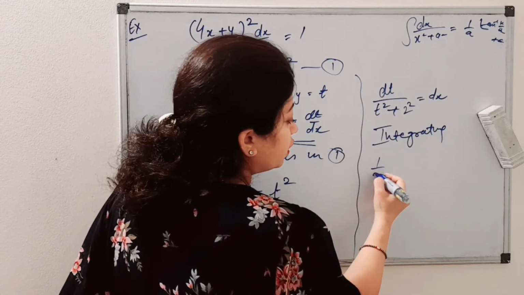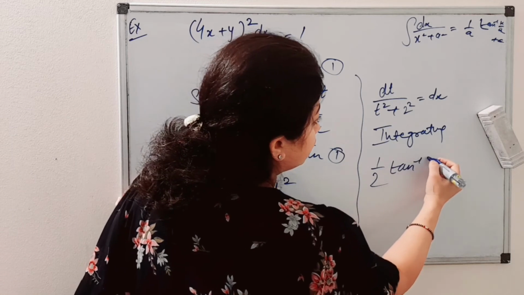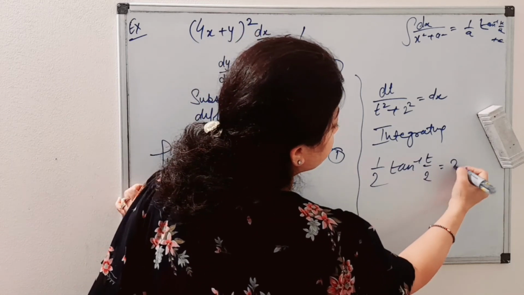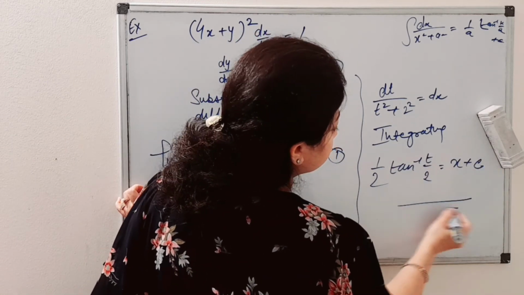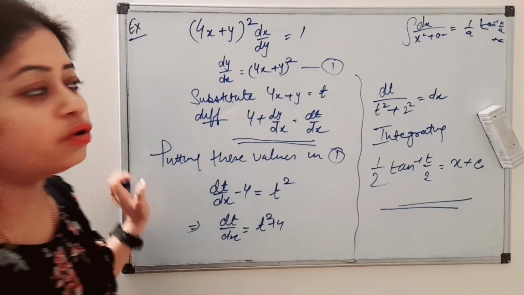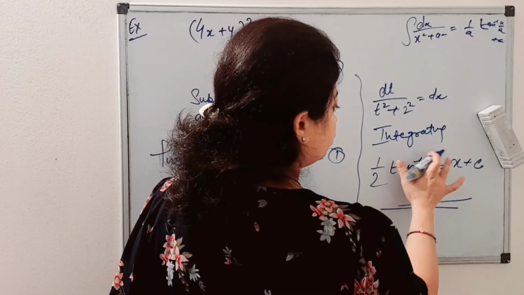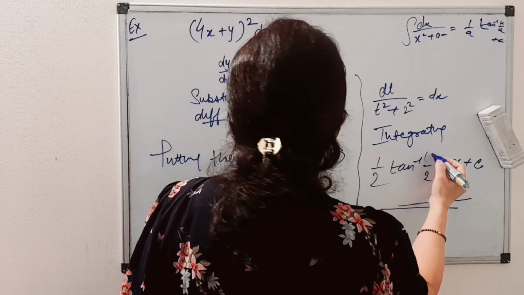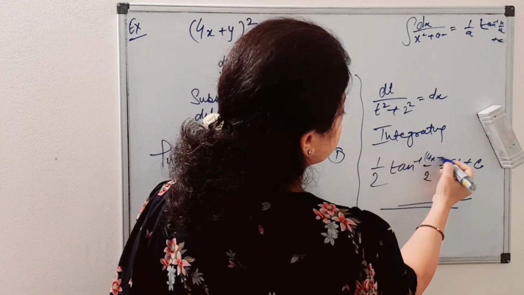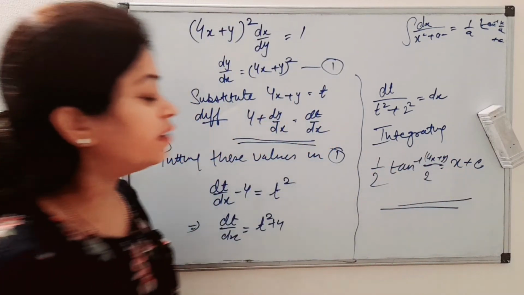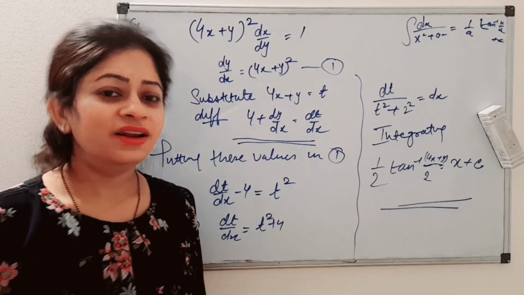So 1 upon 2 tan inverse t by 2 is equal to x plus c. This is the solution of this differential equation. At last, in place of t we write 4x plus y. This is the final solution of this differential equation.